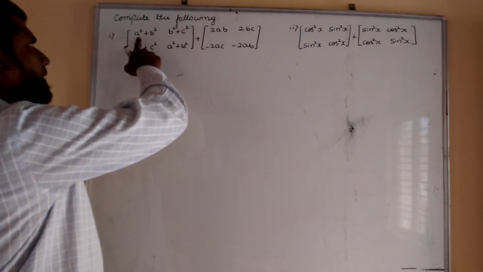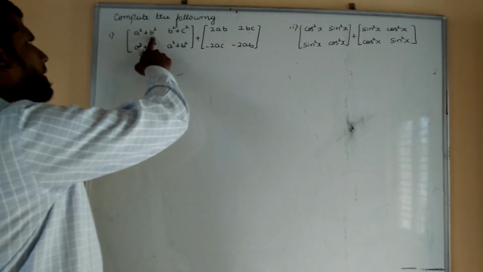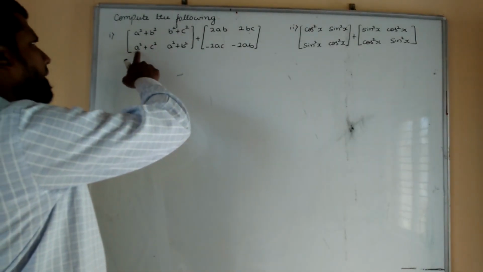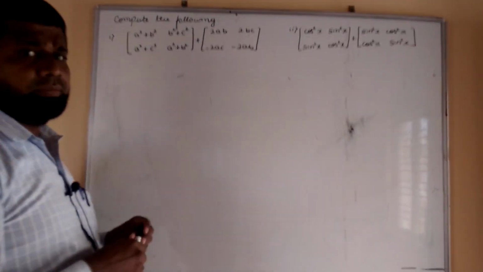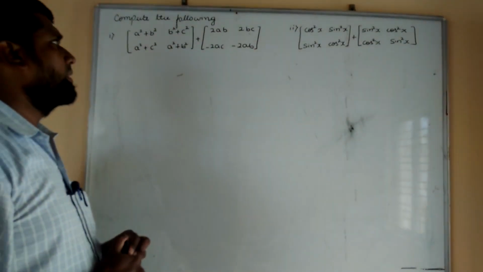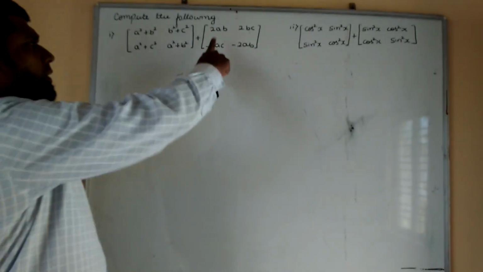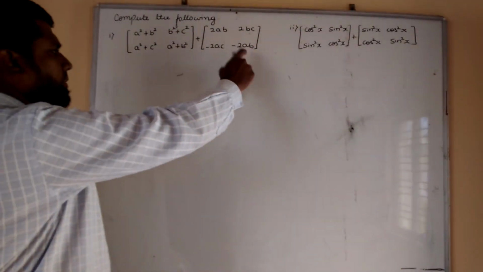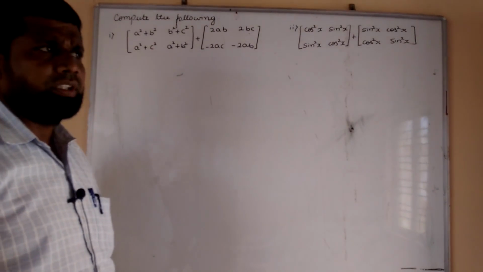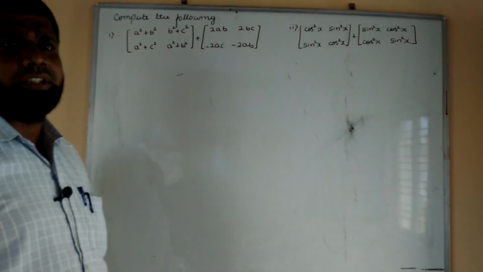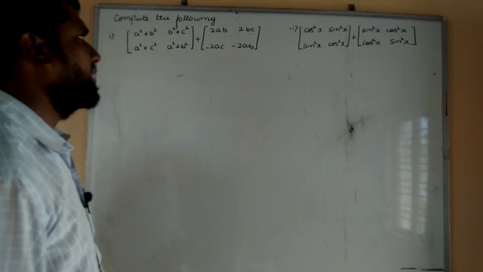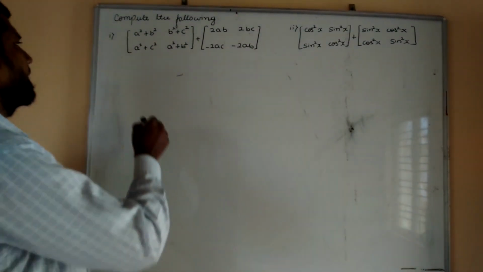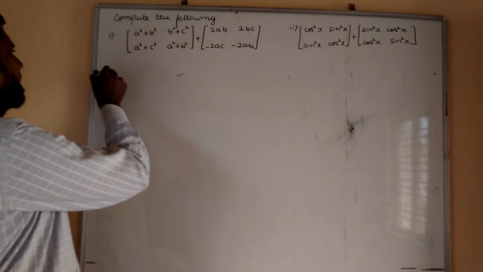The first question is a square plus b square, in the first row, b square plus c square, a square plus c square, then a square plus b square, plus 2ab, 2bc, minus 2ac, then 2ab. So this is the question. He has not defined a and b, but he has given a plus directly in between the two matrices. By seeing this, we have to add the two matrices. So let us solve this question.